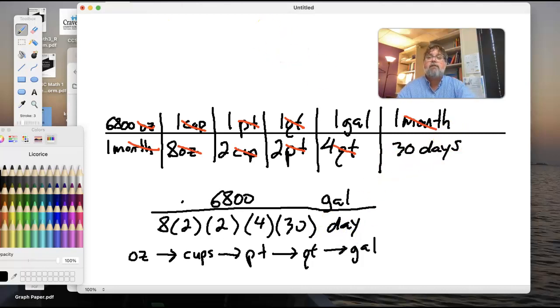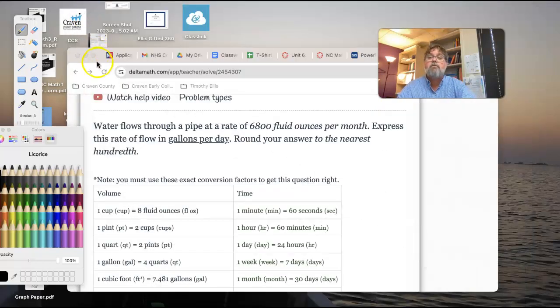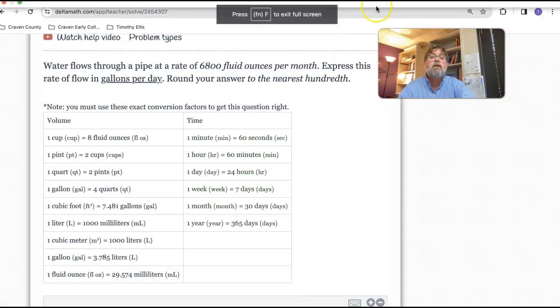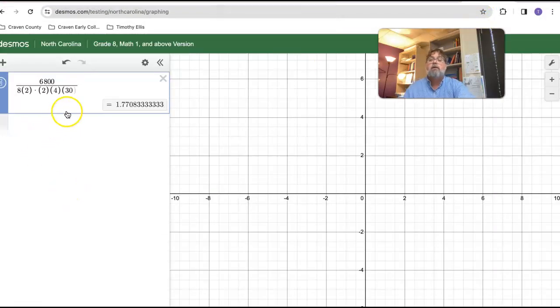I've already calculated this, but I want to show you how you might enter this if you're using some technology. You do have to be careful with stuff like this. I've noticed in the past students will mess up with the parentheses and things like that. So it's probably smart to put it into Desmos, or if you're using a TI-84, it does have that template that gives you the fraction with the numerator and denominator separated.